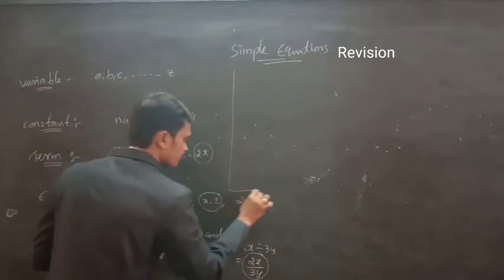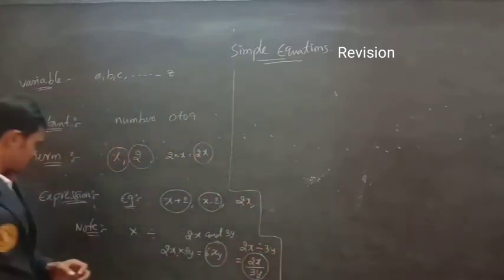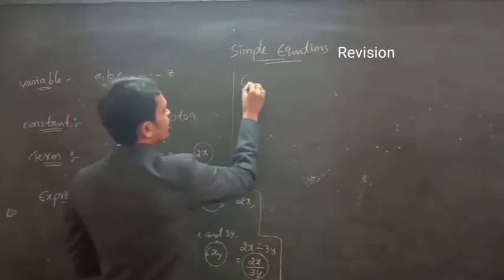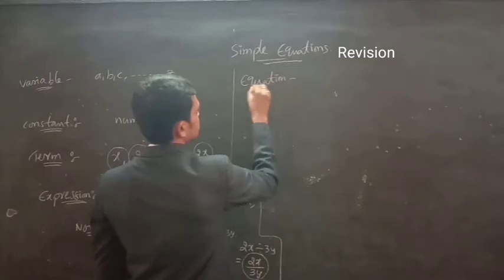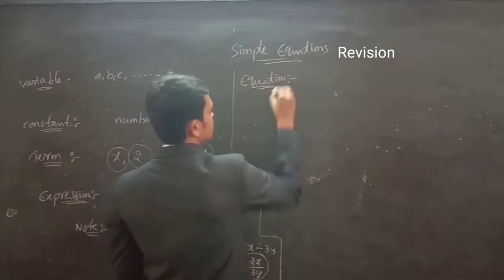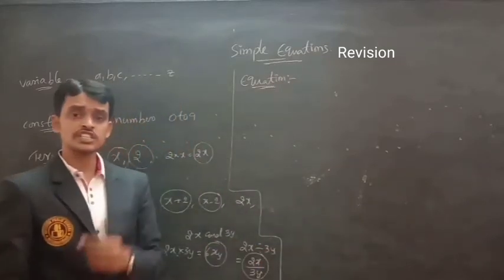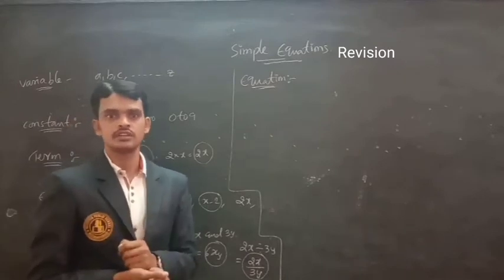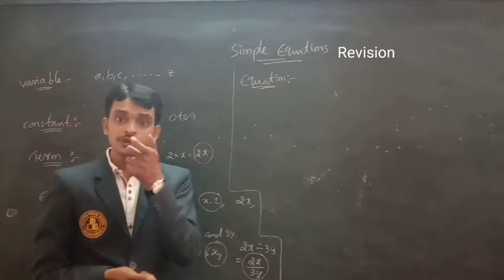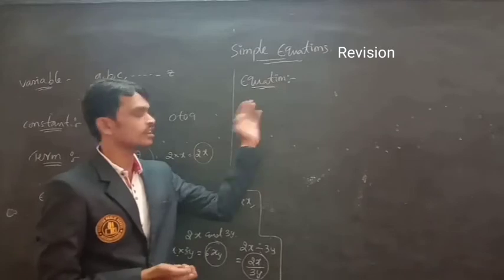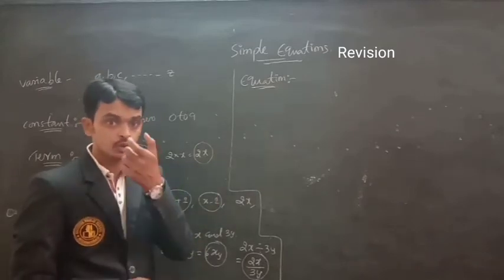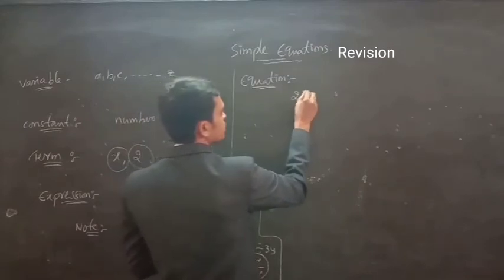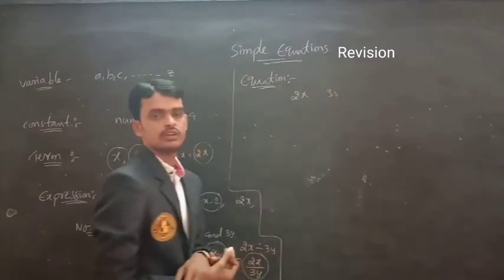Now, equation. An equation consists of two expressions connected by an equal sign. So an equation consists of how many expressions? Two expressions, for example 2x and 3.